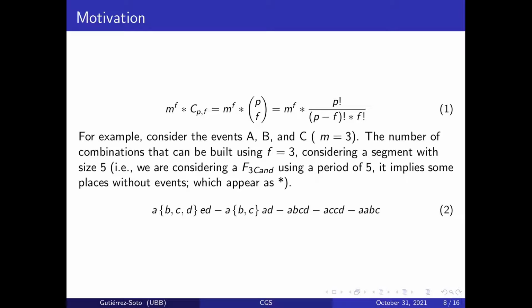For example, in equation 1 we can see the formula to calculate the number of combinations. We need to represent, for example, 3 events when we are looking for a pattern of period 3, considering a segment of 5. That's the main idea, to transform that type of problem.